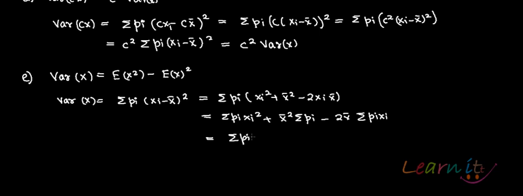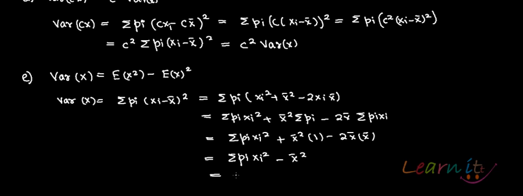Summation of pi xi square plus x bar square into 1 minus 2 x bar into x bar, because summation of pi xi is equal to E of x, which is equal to x bar. So it is summation of pi xi square plus x bar square minus 2 x bar square. So it will be minus x bar square.